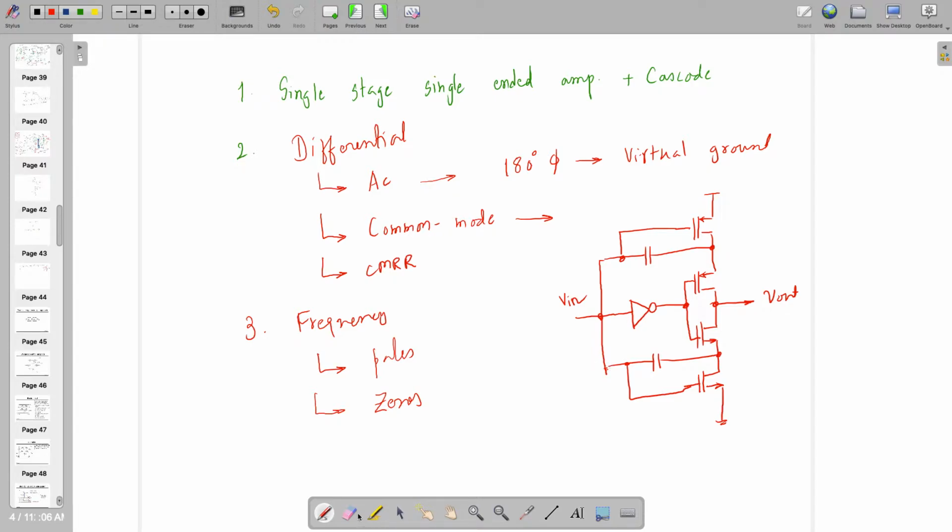So how many poles and how many zeros will be there in this circuit? This is correct, right, Saurabh? How many poles and how many zeros will be there? How many effective capacitors are you seeing? You have to use Miller, of course.